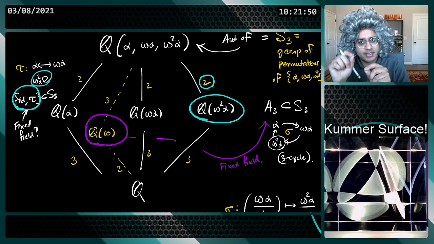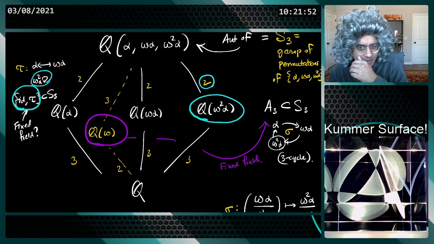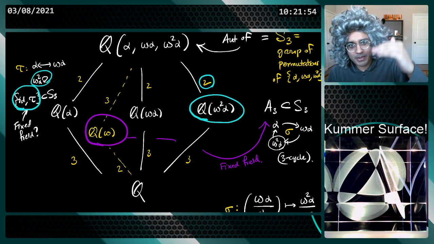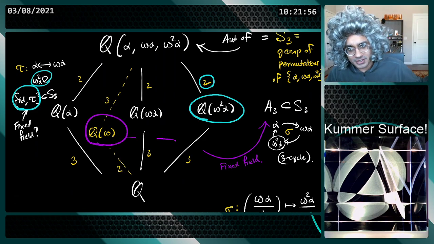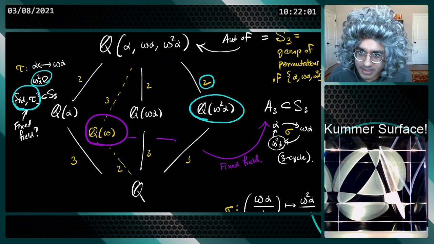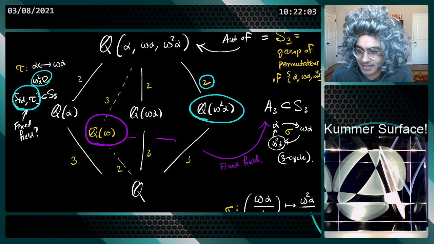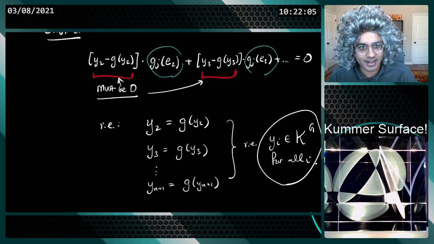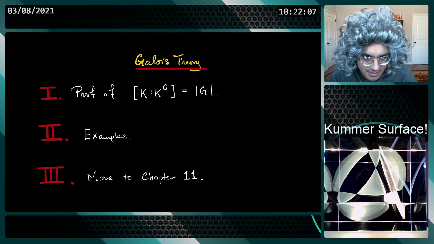Draw the entire intermediate field diagram, which we know, and compare fixed fields of certain subgroups, how far they are from the large field that we're acting on. You'll see that our main theorem of chapter 10 was indeed not a lie.